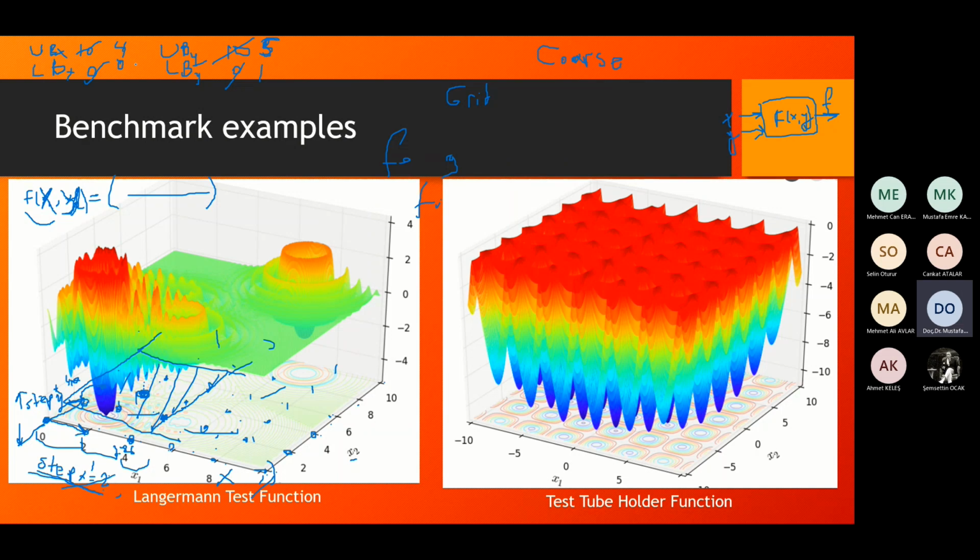Therefore, there will be 5 points between 1 and 5 in each dimension. Therefore, we will be taking 25 samples within this area, okay? By this way, we will have more chance to find the global minimum.